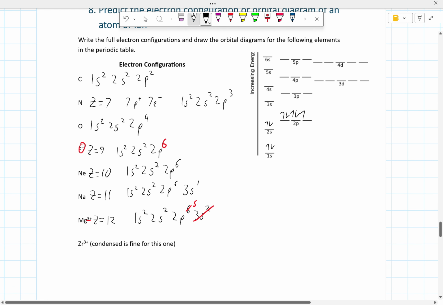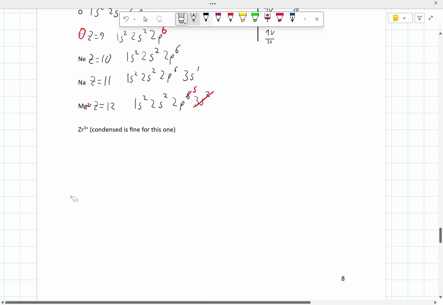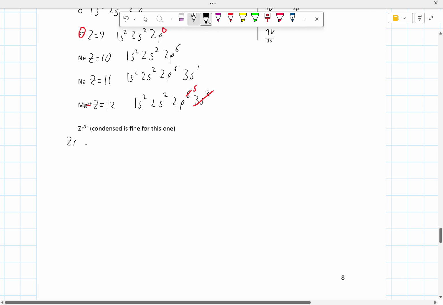The last one that you're asked to think about is zirconium 3+. You can see that zirconium has an atomic number of 40. So I'll need 40 electrons. I really don't want to do that, so I'll look back. What's my next earliest noble gas? That would be krypton at 36.